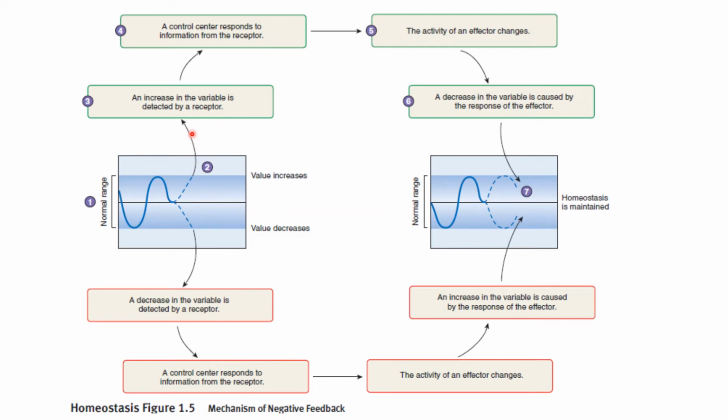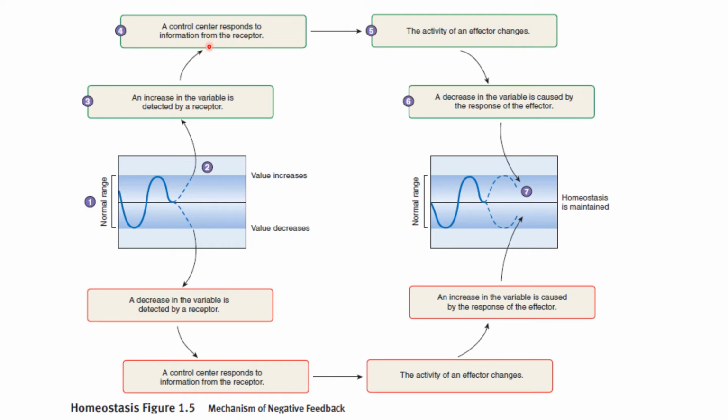A stimulus is any change in the normal environment. This change of variable above the normal range is detected by receptors, and then these receptors send this information to the control center.